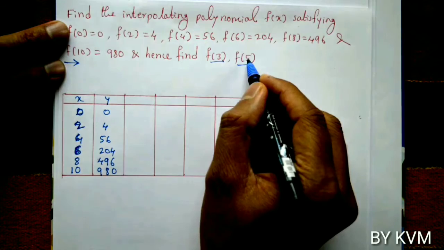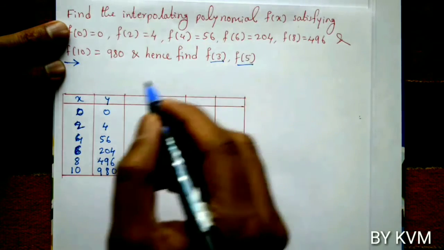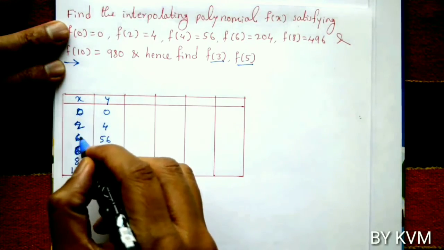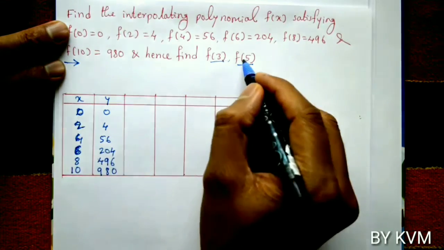For the given data we first have to find the interpolating polynomial. Using that interpolating polynomial we have to find the value of f of 3 and f of 5.